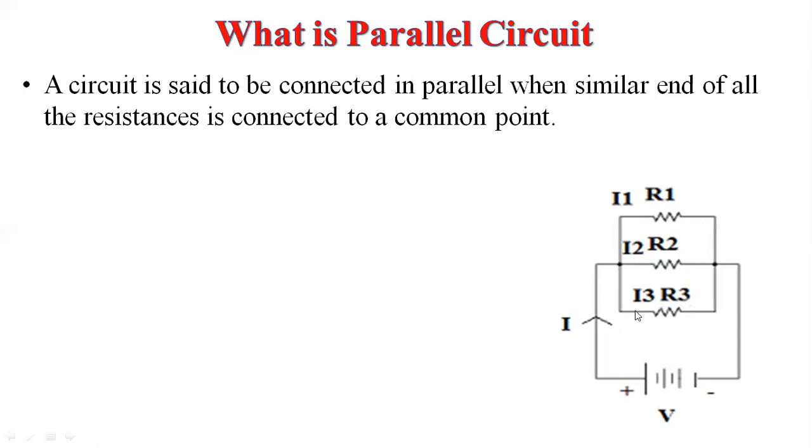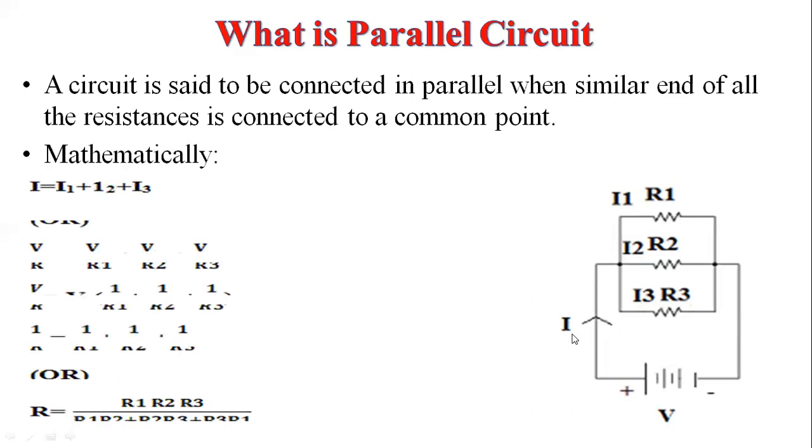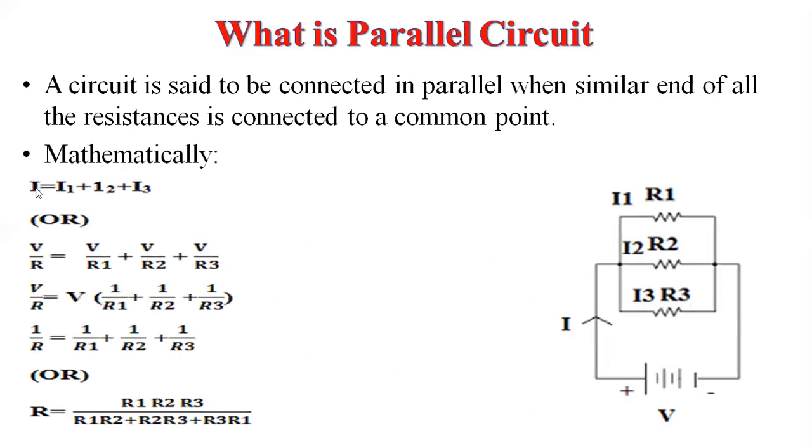Okay, as I1, I2, I3 are the currents across resistances R1, R2 and R3, the algebraic sum of these three currents is equal to I. As you see, current I is equal to I1 plus I2 plus I3.